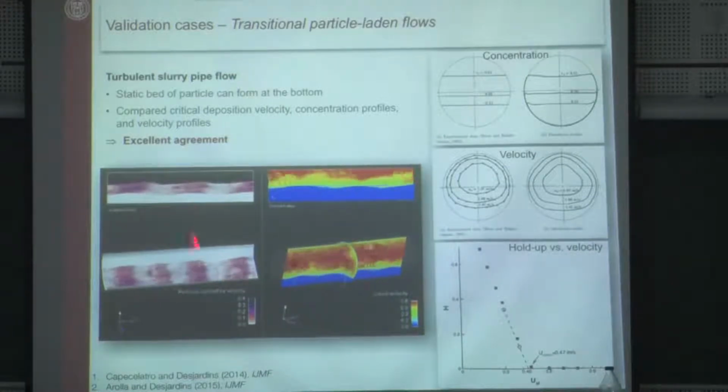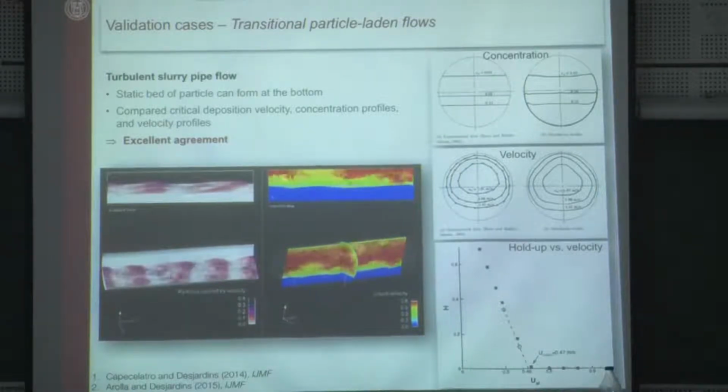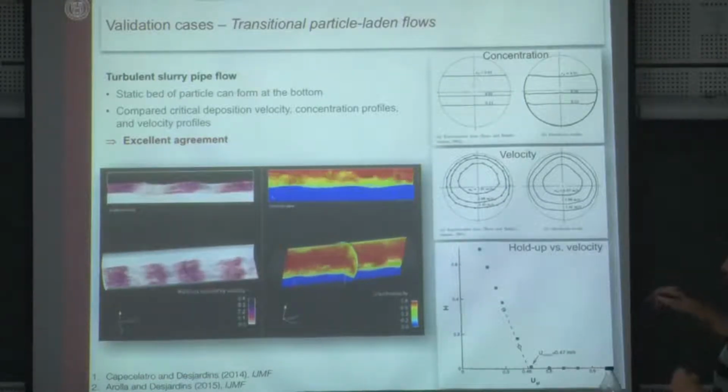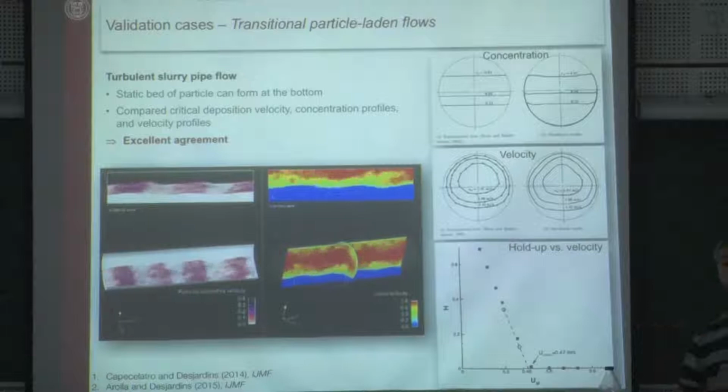They're colored by the velocity. White is essentially 0 velocity, and we go up to 0.4 meters per second or so at the very top. So this is a low enough flow that the particles have settled at the bottom. We have a dense bed that is not moving at the bottom, yet we're still solving a flow equation inside.